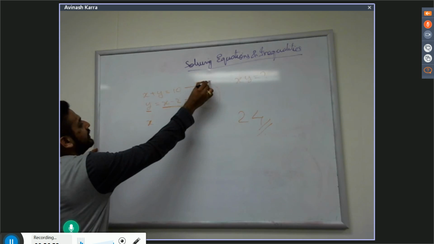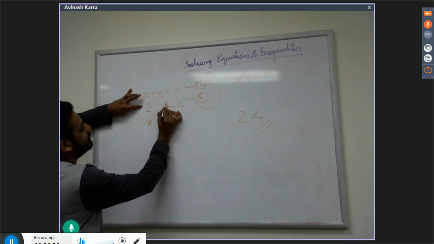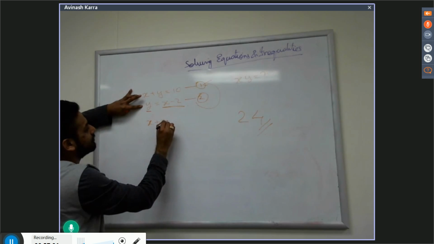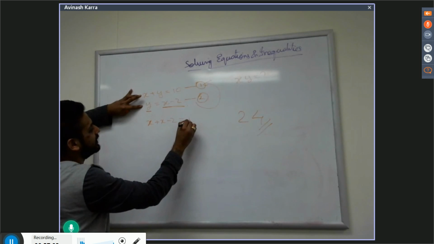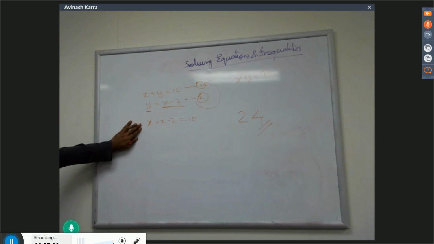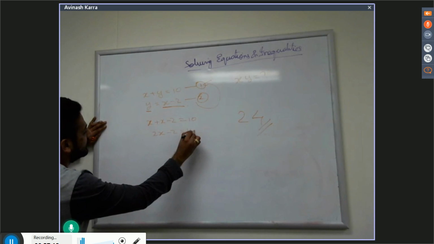Substitute equation 2 in 1. Instead of y, I am substituting x minus 2. x plus x minus 2 is equal to 10, so 2x minus 2 is equal to 10.